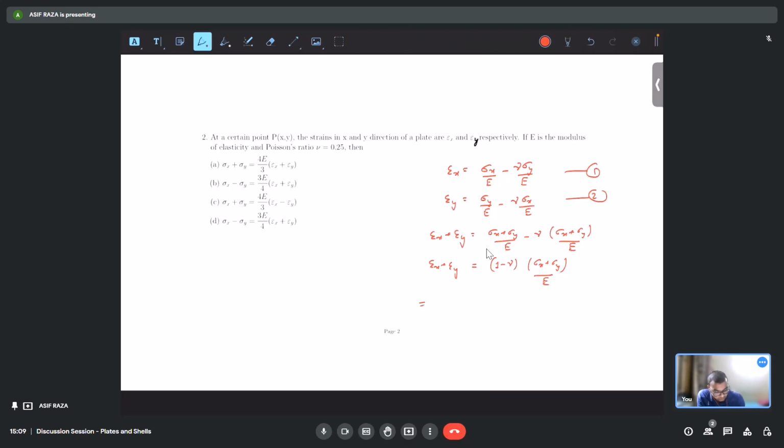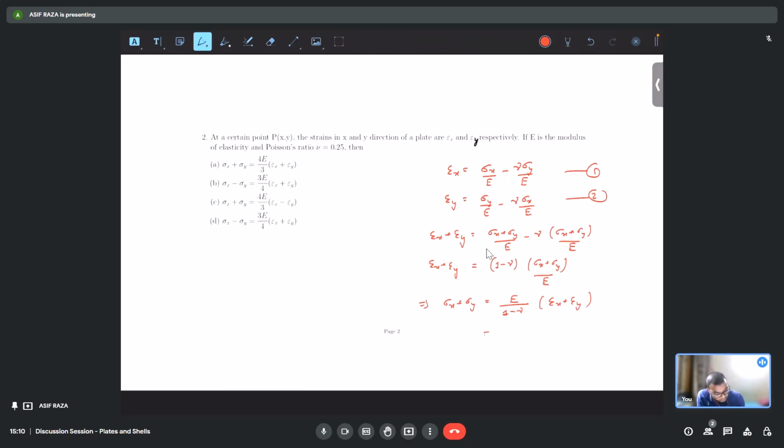So we'll have sigma x plus sigma y equal to E upon 1 minus nu times epsilon x plus epsilon y.